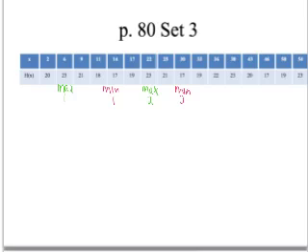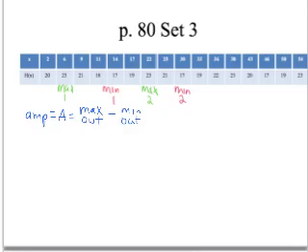So now it's time to find my amplitude. That's my A value, and that is the max output minus the min output over 2. The max is 23, and the min was 17.